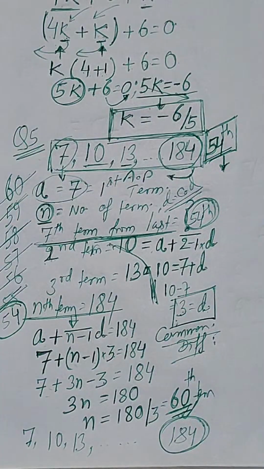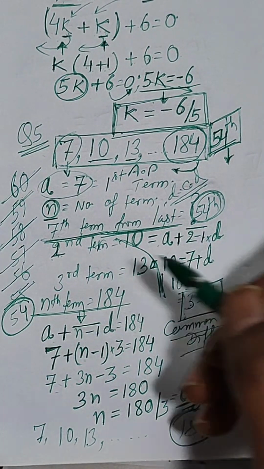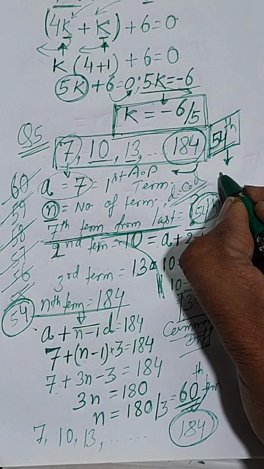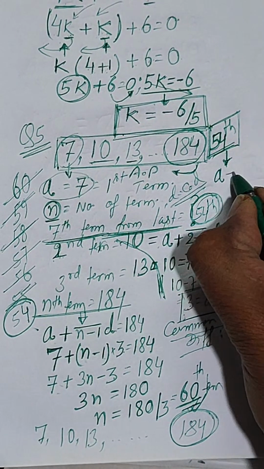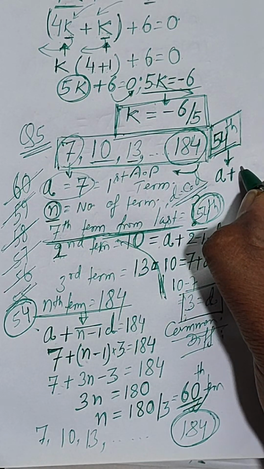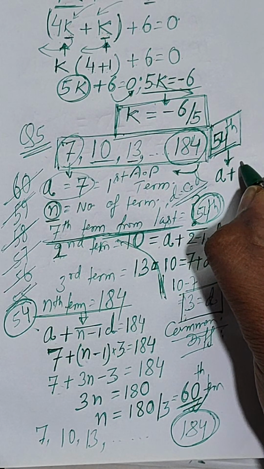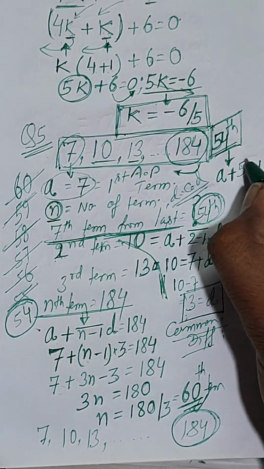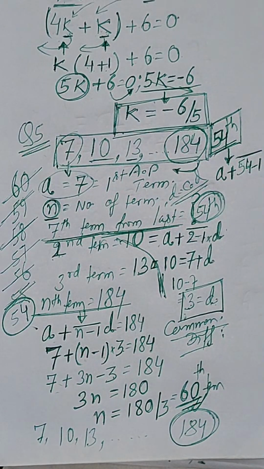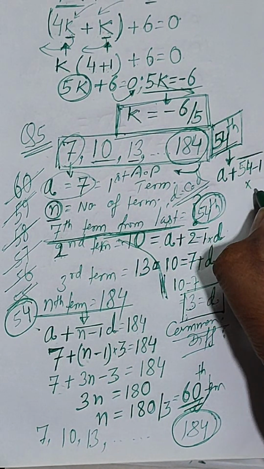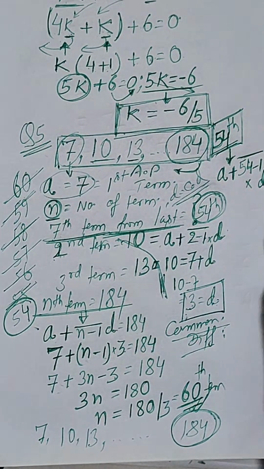So the 54th term of this AP, and how this is the 54th from last, we have seen. The 54th term will be a plus n minus 1 into d. Here n will be 54. So a plus 54 minus 1 multiplied with the common difference d, right?